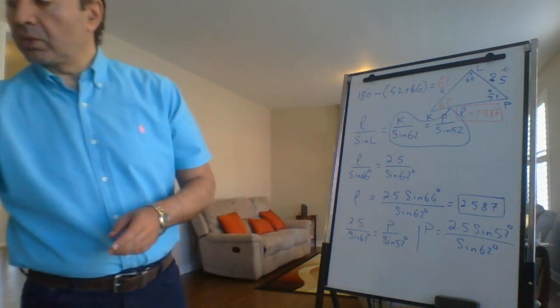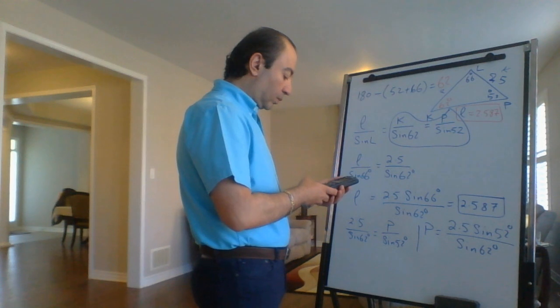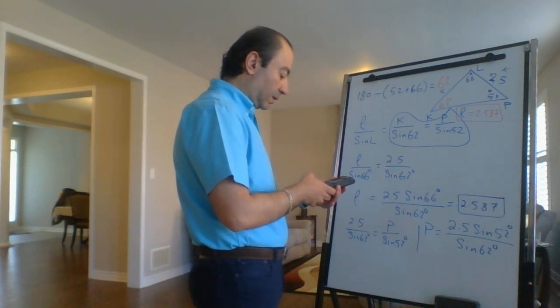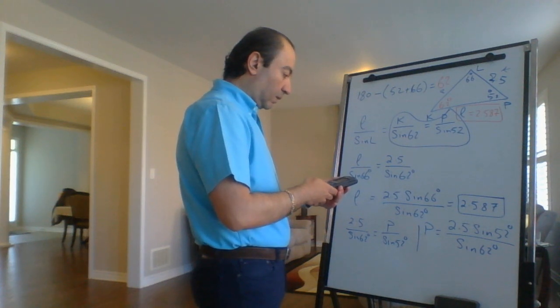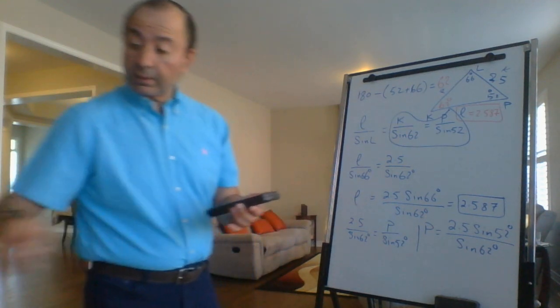Then I will go to the calculator and do the calculation. 2.5 times sine 52 divided by sine 62, and close the bracket and hit enter.